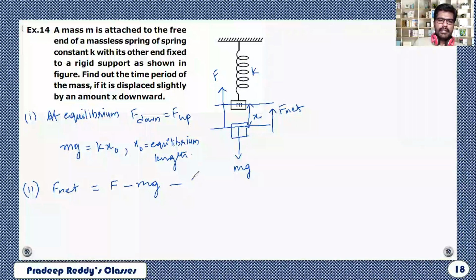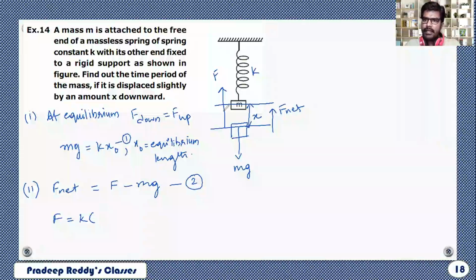Let me take this as equation number 1 and this as equation number 2. But what is this spring force? Spring force F is equal to K into, already in its equilibrium position it has length x naught. Again it is pulled by distance x. Therefore what is the total distance over there?